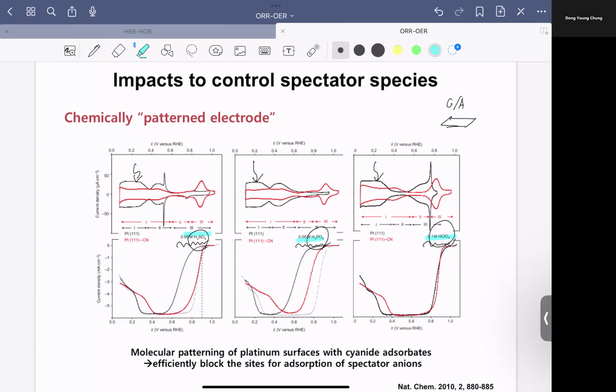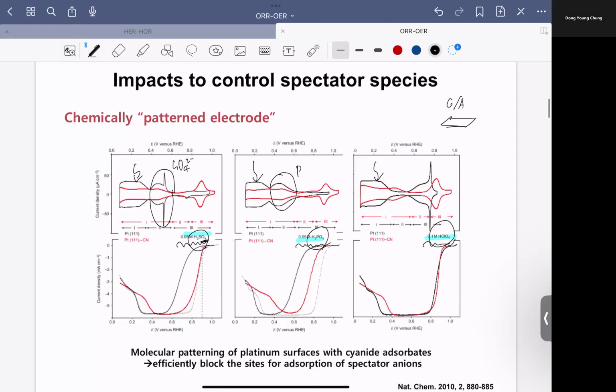So let's think about what happened. Let's think about what this feature is. Actually, we don't know, but we can conjecture that it is related to adsorption and desorption because it is a symmetrical shape, right? So it is coming from the SO4 minus adsorption and desorption, right? And what about this feature?